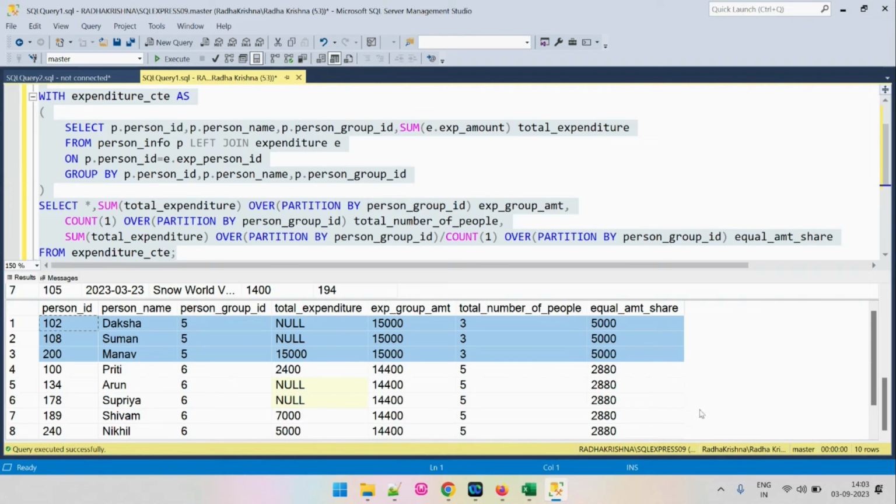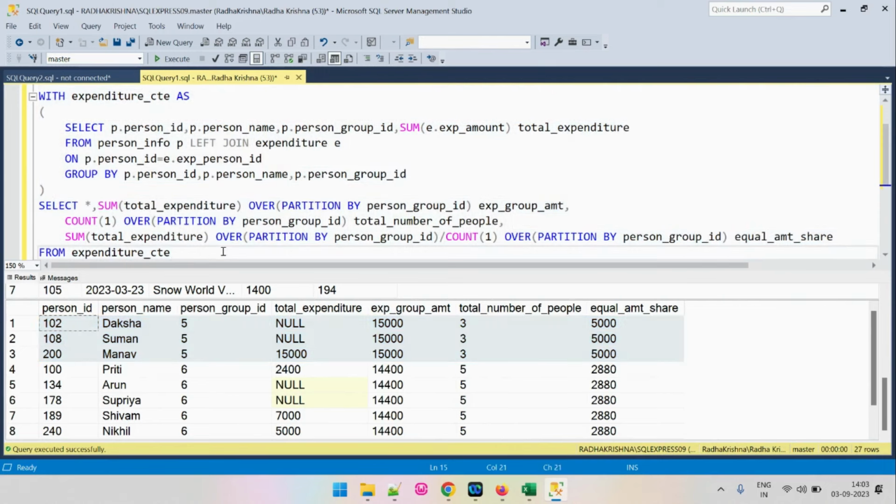Now we need to identify the amount that ultimately someone has to pay or receive. So how will we do that? We just do the subtraction: equal amount share minus the total expenditure that they have done. That is the way we will get the remaining amount.